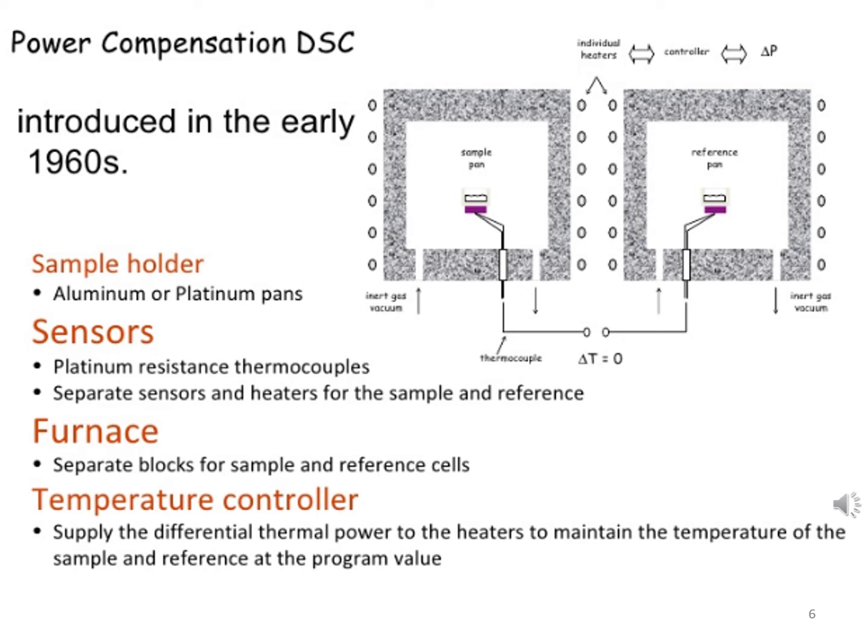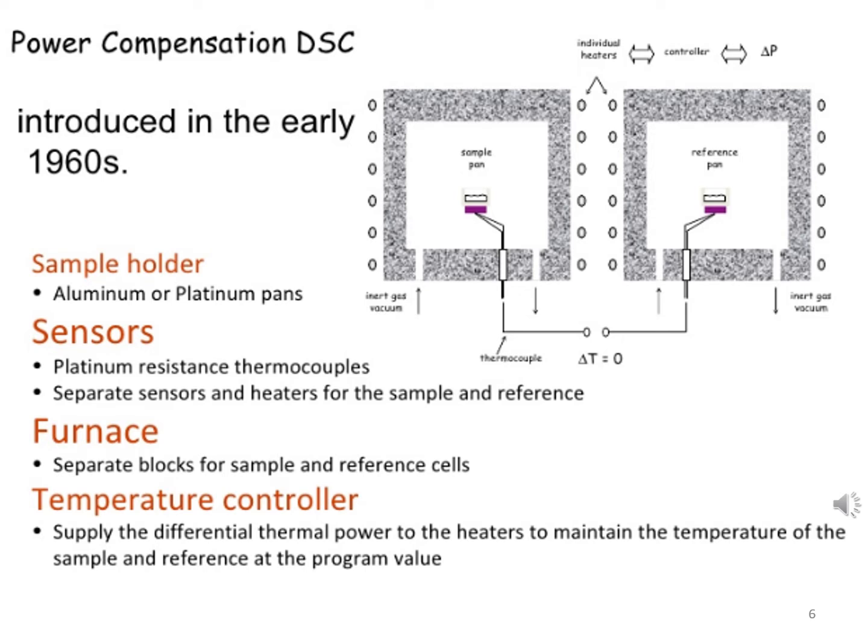So in this figure you can see that the sample pan is enclosed in a furnace block separately, and on the other left side is a reference pan that is enclosed in a furnace separately, and there are two thermocouples connected with both.